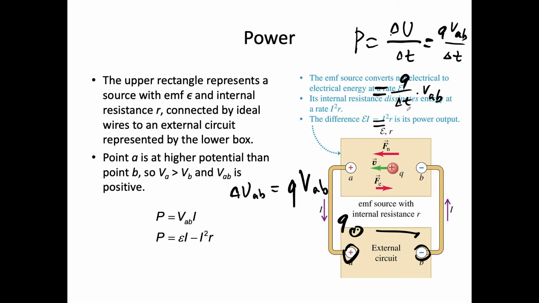We learned Q over delta t gives me I. So potential times current gives you power. And for EMF, if you plug in the equation that V_AB actually equals epsilon subtract Ir, you find the power of the EMF is given by this equation.